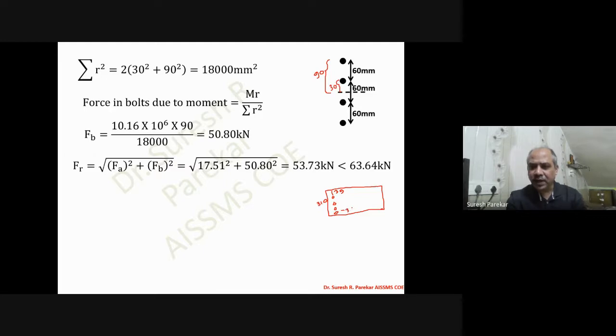So 35, 35, 70. If we subtract 70 from this, then I will get 240, and therefore my distance between the bolts becomes 80 in case of end battens. But in case of intermediate battens, we have 250 minus 70, and this comes 180, and then we are going to get this value as 60 millimeter.